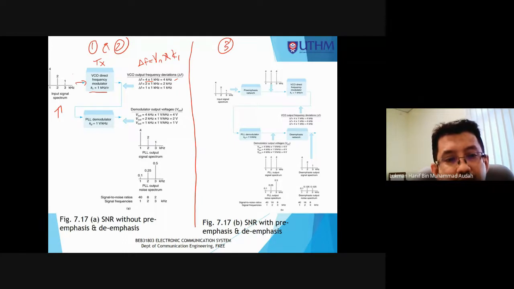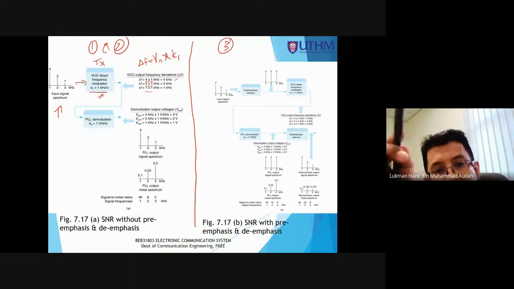Hertz per volt multiplied with voltage, we're going to get hertz. So we will get 2 times 1, 1 times 1 kHz. 1 kHz here is this K1. So we get 3 delta F: delta F1, delta F2, delta F3.